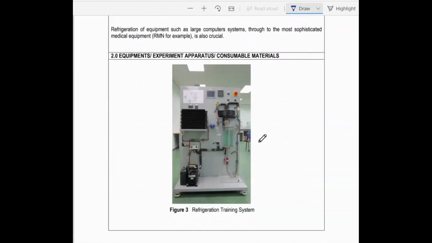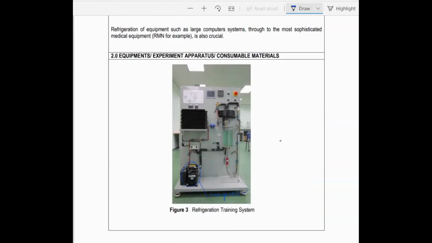This is the refrigeration lab apparatus that exists in your lab. As you know, we must have 4 main components. First is the compressor.